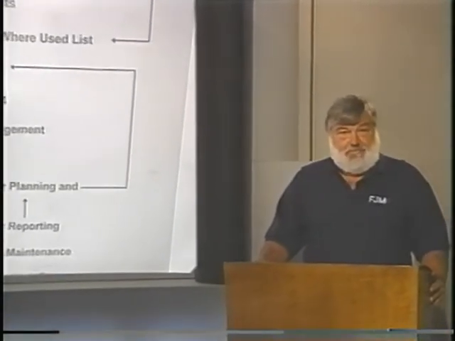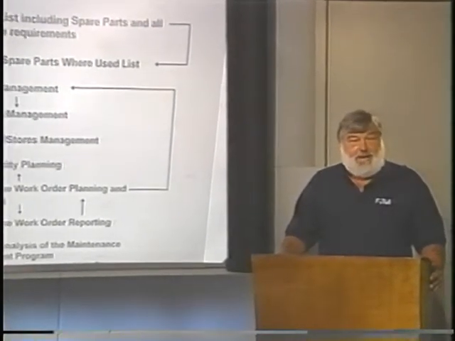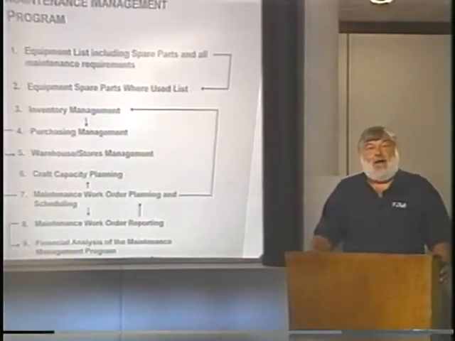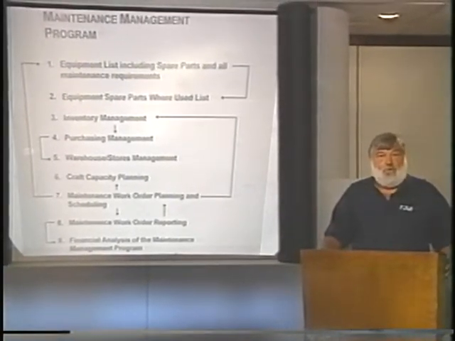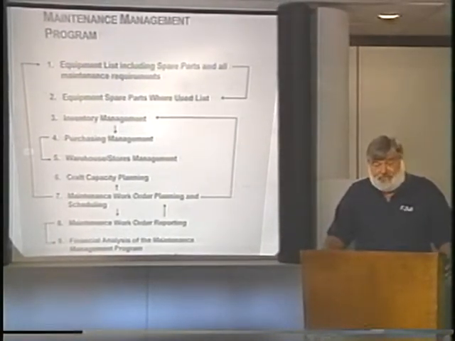The first thing I want you to do is look at the 7th module, Maintenance Work Order Planning and Scheduling. There are 4 arrows that actually come out of that particular module. If you remember, I indicated that that's the heart of the maintenance work order planning and scheduling system.